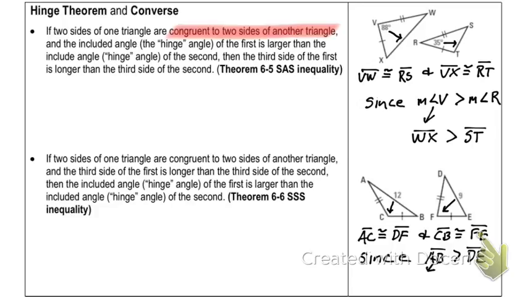AB is across from angle C, so the measure of angle C must be bigger than the angle opposite DE. The angle opposite DE is going to be angle F.